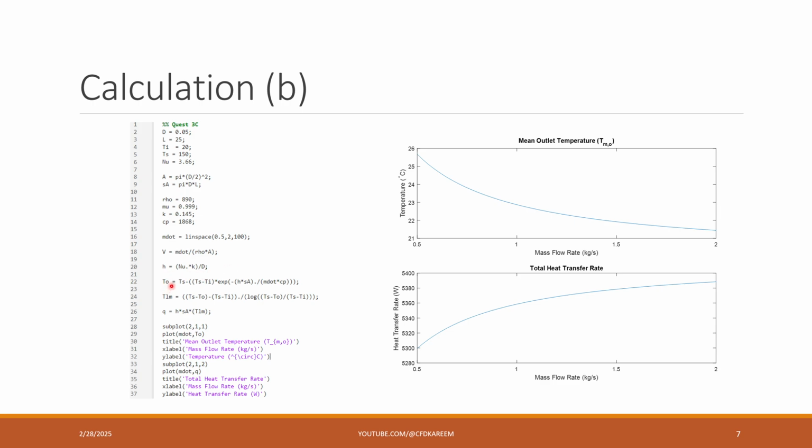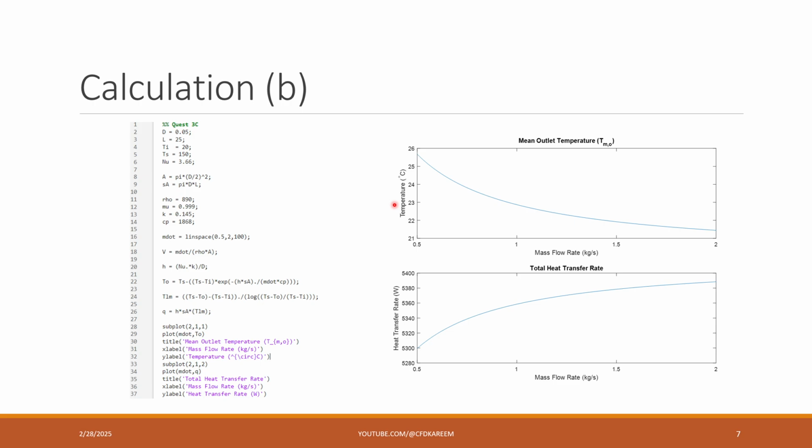We can then go ahead and calculate our outlet temperature with the same equation that we used before, as well as our log mean temperature with the previous equation. And finally, plug in that log mean temperature into our equation for the heat transfer rate. And we'll just go through this simple plotting scheme to plot these two plots.